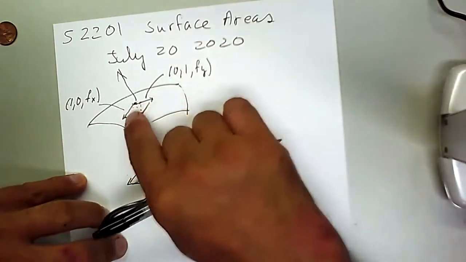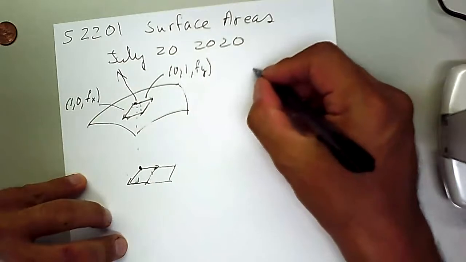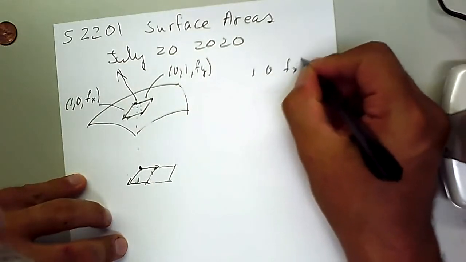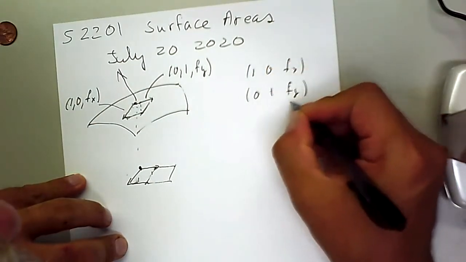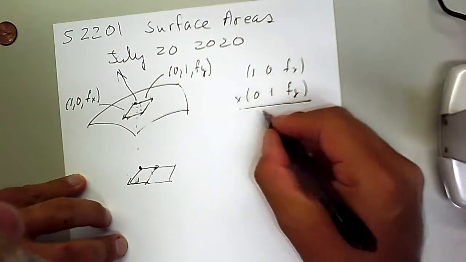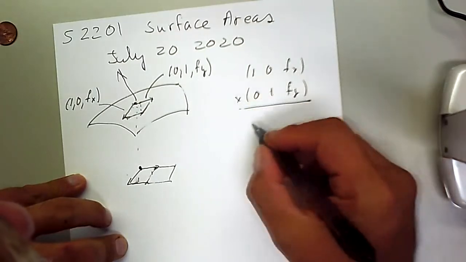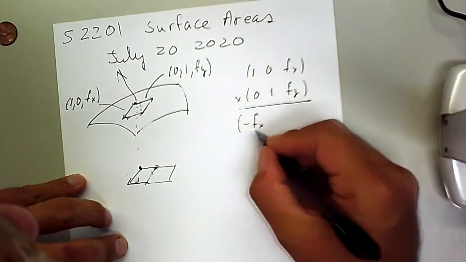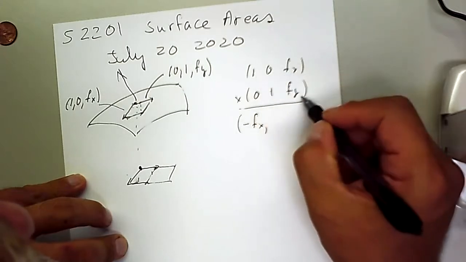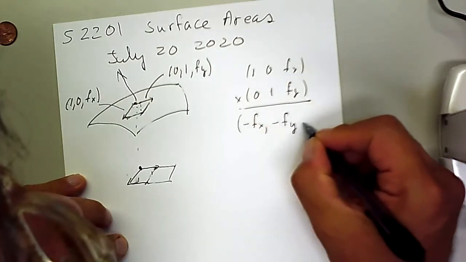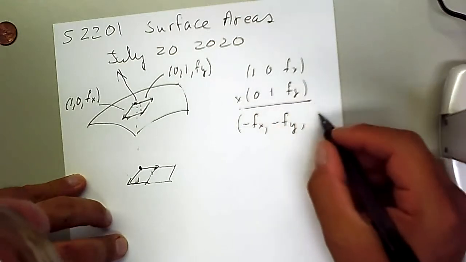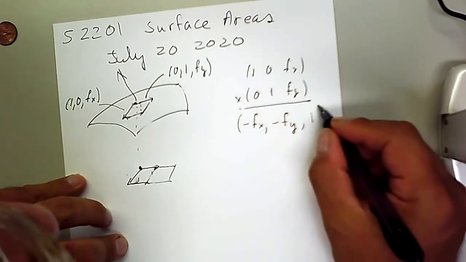So we're going to do the cross product of those two vectors, (1, 0, f sub x) and (0, 1, f sub y). Cross them, and we get negative f sub x as first coordinate, negative f sub y as second coordinate, and 1 as the third coordinate.